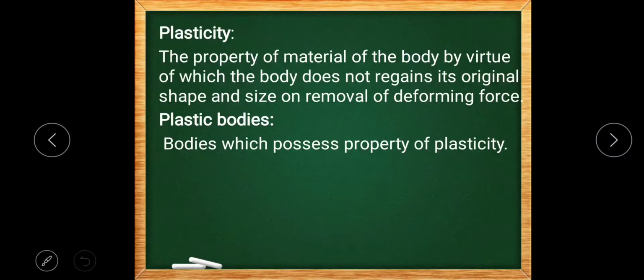If we apply force to a lump of mud, it gets permanently deformed. It has no tendency to regain its original shape. Such a property is called plasticity. Wet clay, paraffin wax, etc. are examples of plastic bodies, and for a perfectly plastic material, you can give the example of mud.